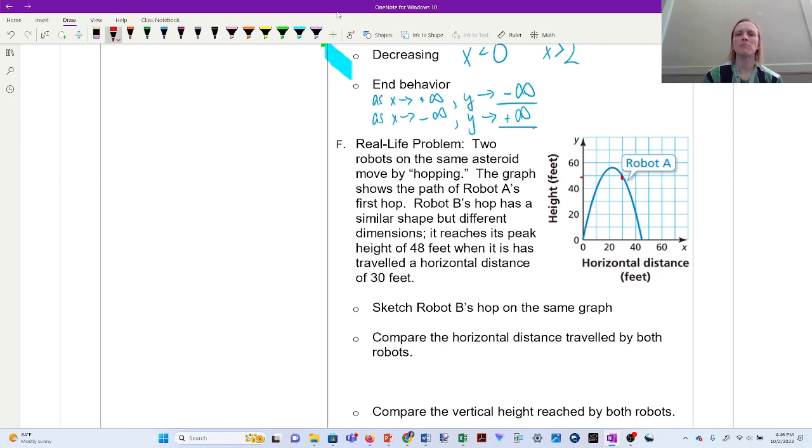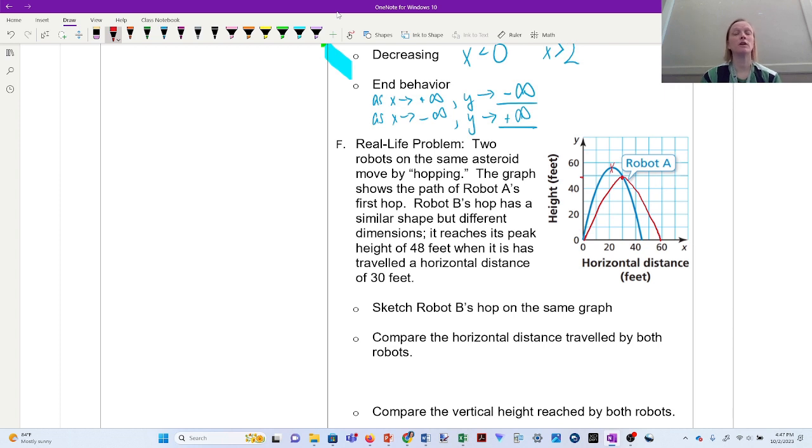Now, if that's the peak of the jump, try to draw a curve here. If that's the peak of the jump, then there's more to the jump. It's going to continue to extend symmetrically. Look at the peak of the jump here. That's kind of like the halfway point between the start of the jump and the end of the jump for robot A. And so I want to draw a similar shape where this is my halfway point, and then since I've gone 30 feet here, I need to go an additional 30 feet on my way down and curve back down to 60.